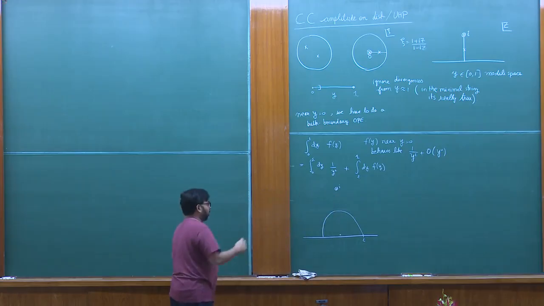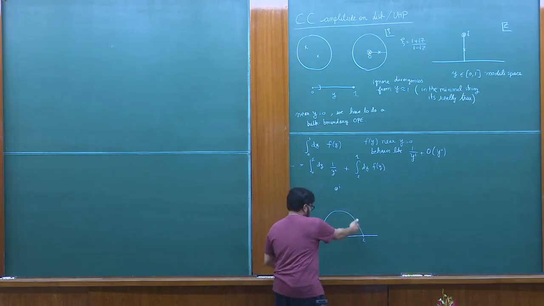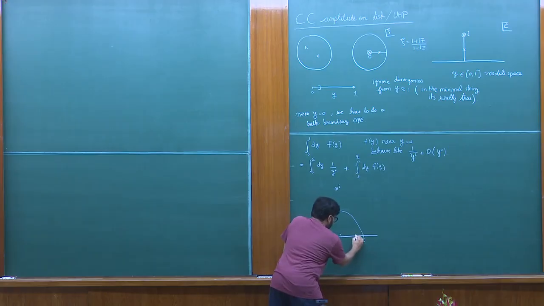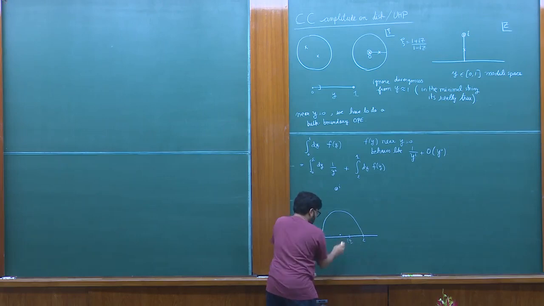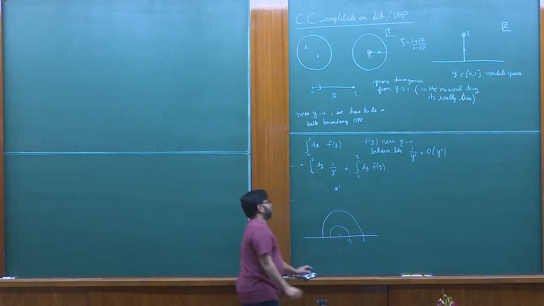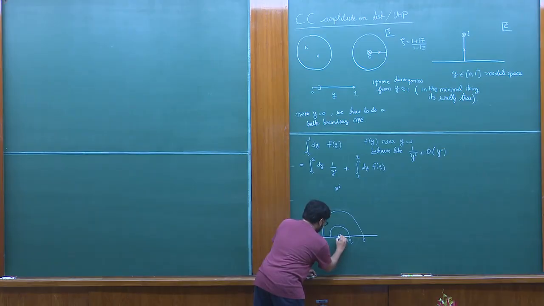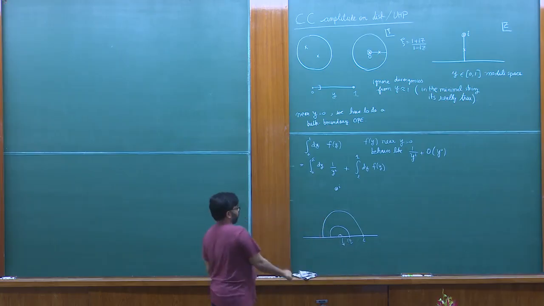Okay, and the cutting will happen as follows. There will be some cut at epsilon. There will be some cut at epsilon times q. I will explain what q is. And this guy over here will be at some other number.